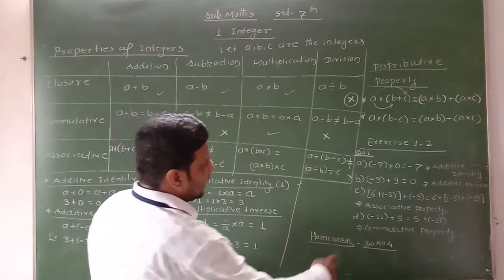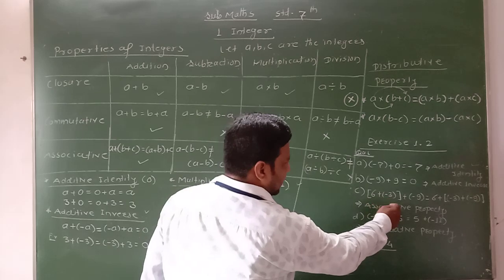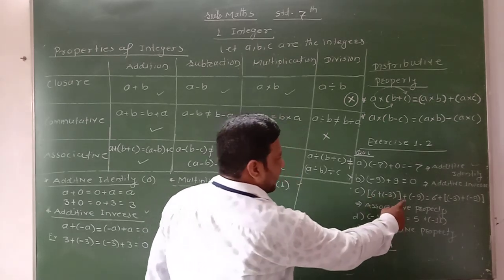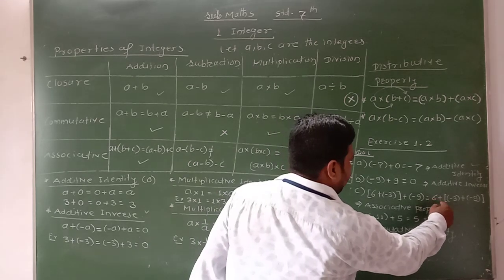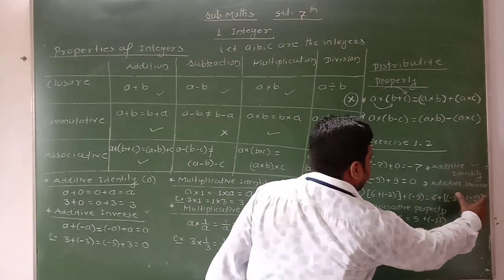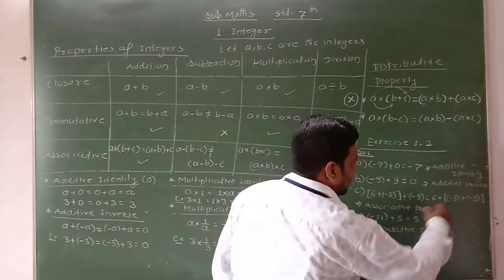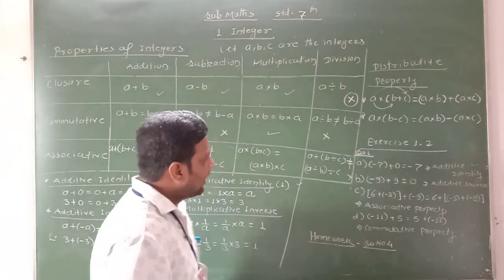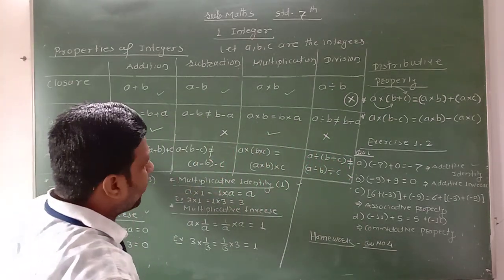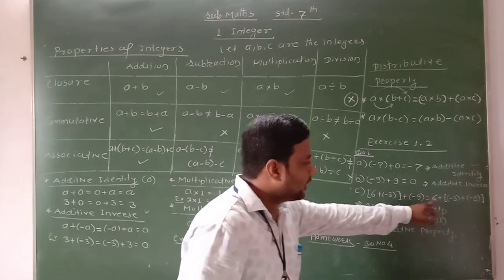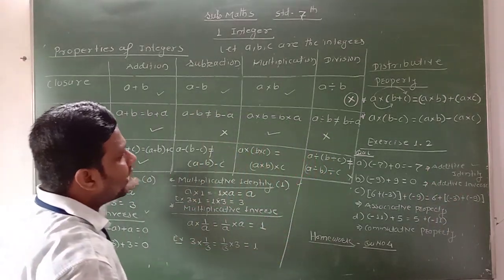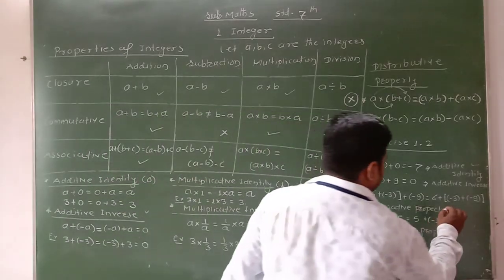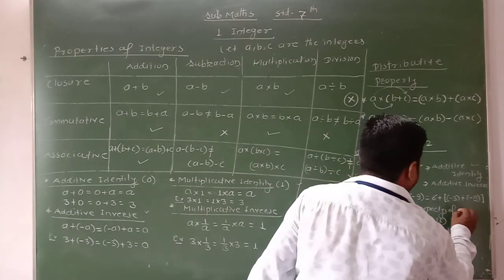And next property is given, 6 plus minus 3, sum of two integers in the bracket, plus third integer, is equal to first integer plus sum of two integers in the other bracket. Same integers are there, their positions are different. Now see, addition of the integers is given, therefore this is the associative property of addition, or we can write associative property.